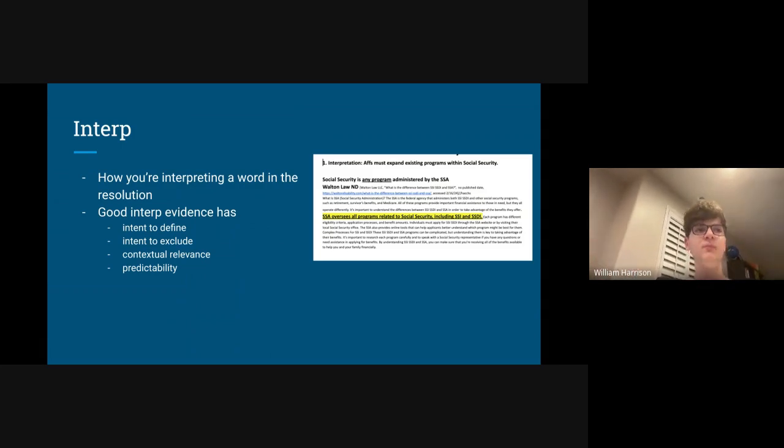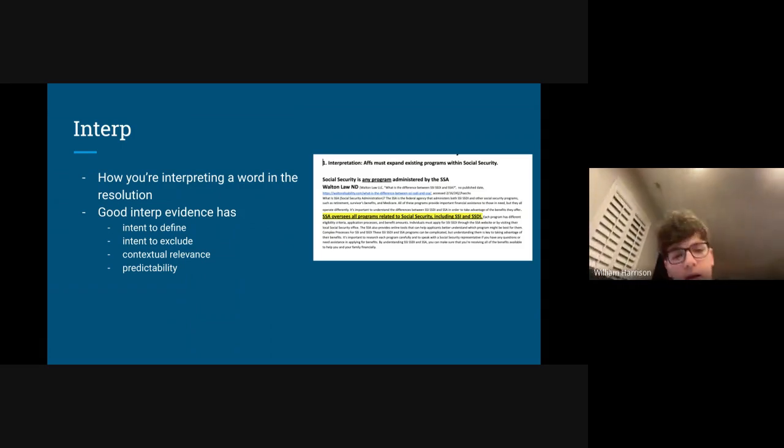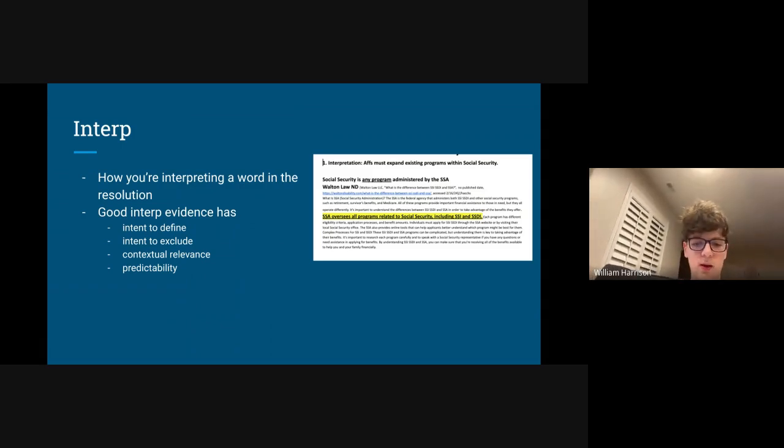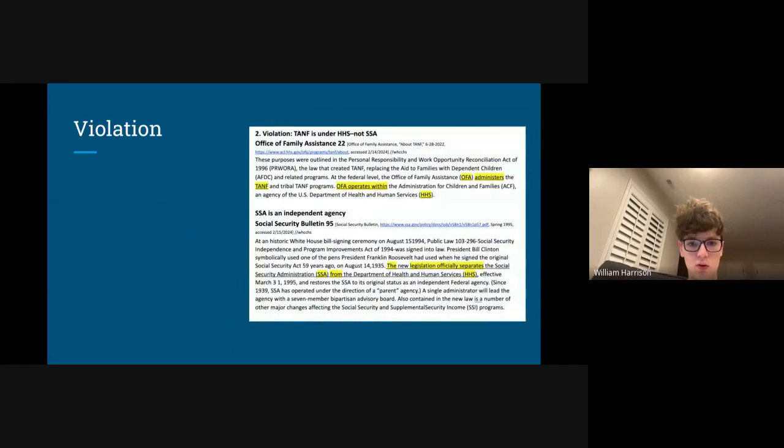Like an affirmative team could see it coming and could understand that this would be something you could expect as a definition of the word in the resolution. And credibility. The more credible your evidence, the better. That's just a general rule.